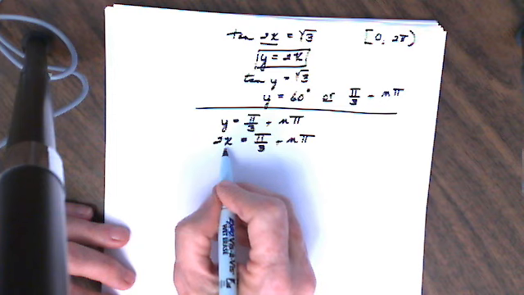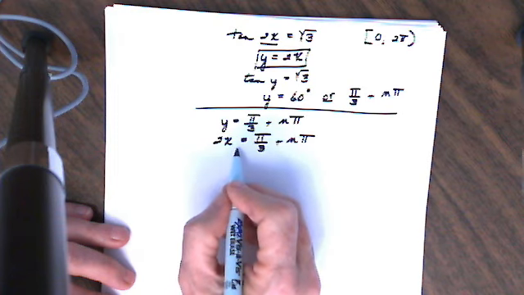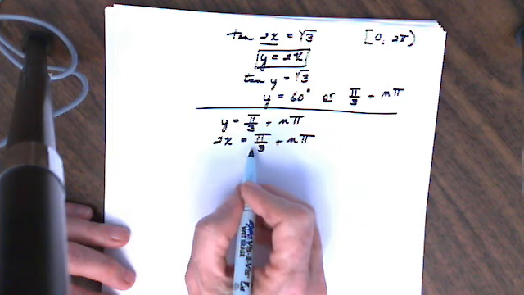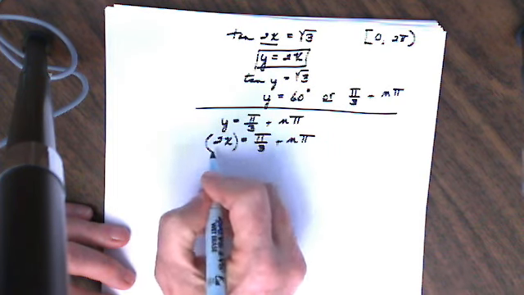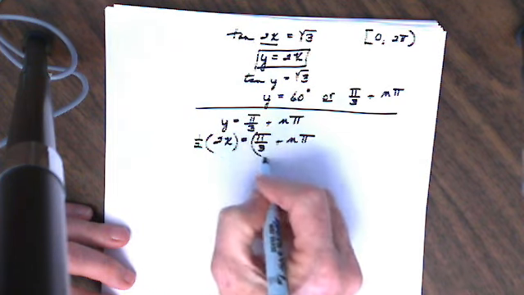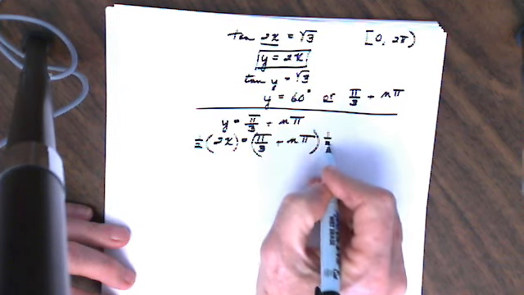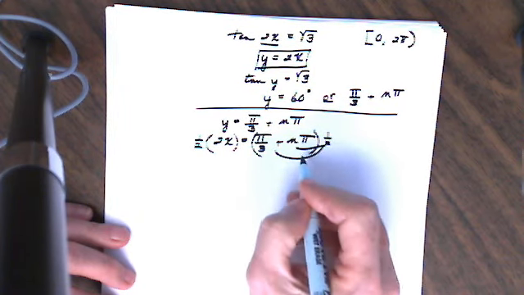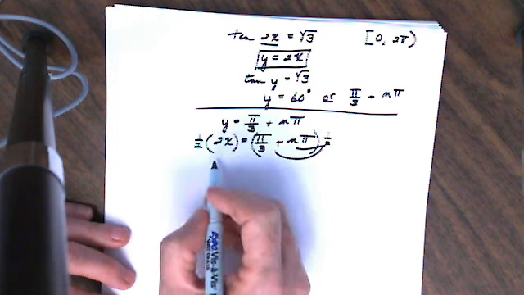Now I want to get x alone on one side of my equation, and to do that I have two choices. I can either divide both sides by 2, or I can multiply both sides by 1/2. I'm going to choose to multiply both sides by 1/2, and when I multiply the right hand side by 1/2, I'm going to need to distribute that multiplication.